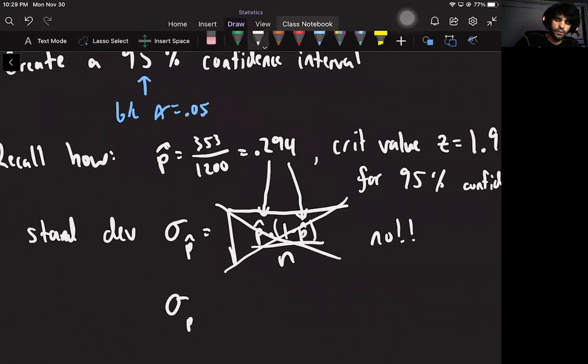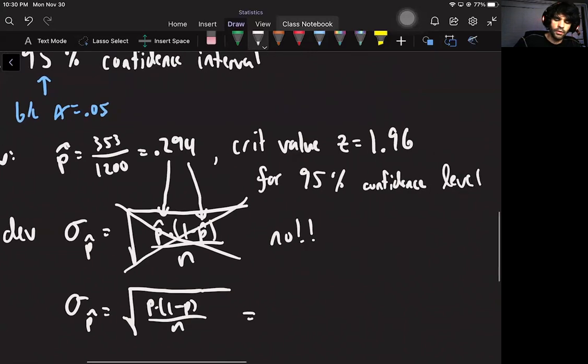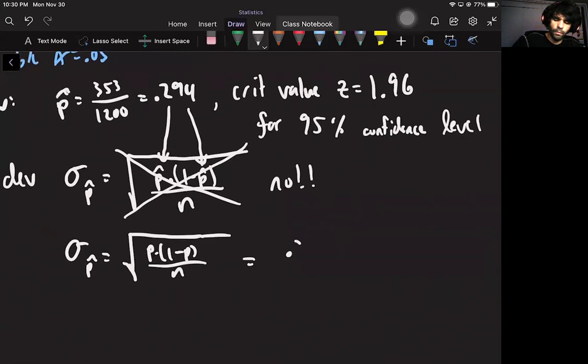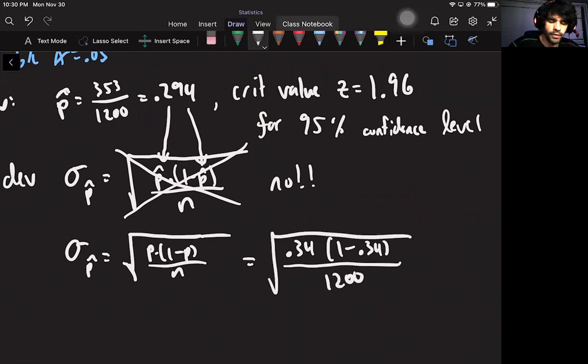We're going to use the actual formula for standard deviation of the sampling distribution, which is the square root of p times 1 minus p over n, with p instead of p hat. So because p is 0.34, that's what I'll use. So 1200 is the sample size, and square root that whole thing.